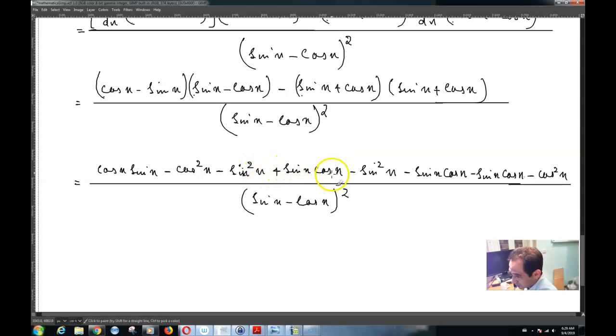Now over here you have sin x cos x, sin x cos x, negative sin x cos x, negative sin x cos x, so you can cancel out these four terms together, and then you have cos squared x, sin squared x, cos squared x, sin squared x.